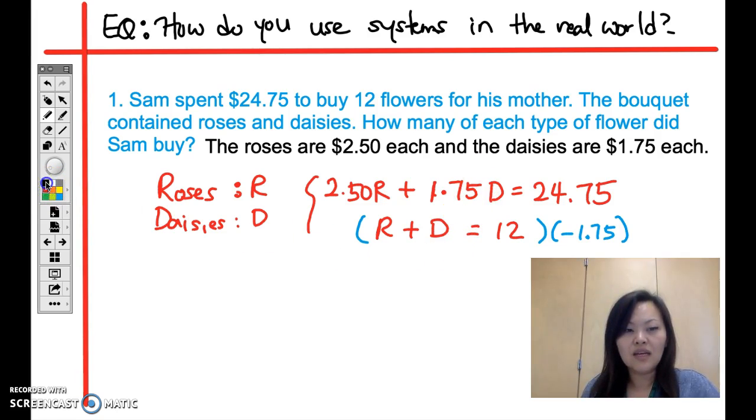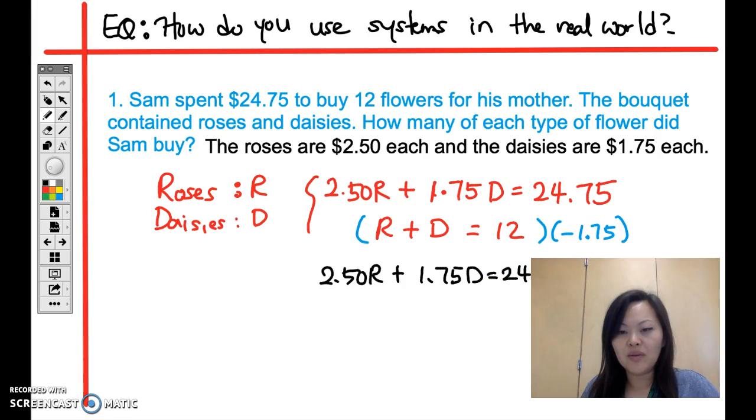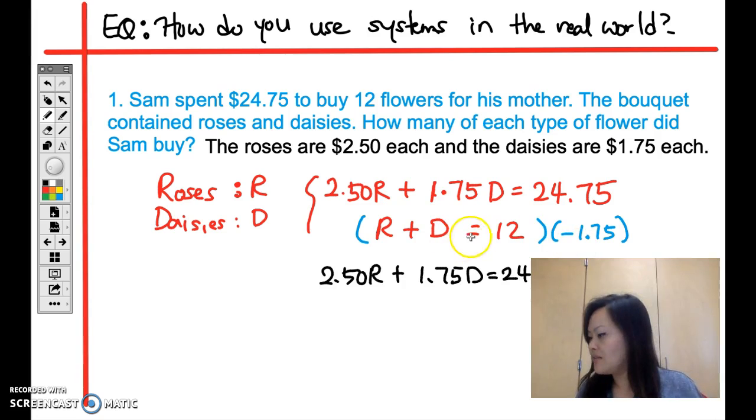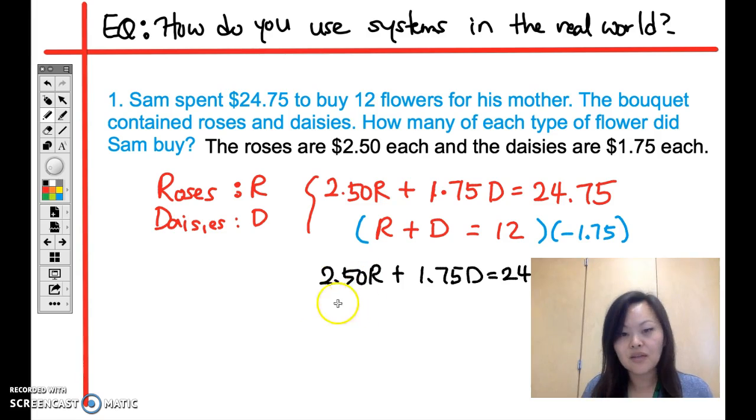So let me just go ahead and copy the top equation, which is 2.50R plus 1.75D, which equals 24.75, right? And then down here, we have to multiply everything by negative 1.75, right? So there you go, negative 1.75R.